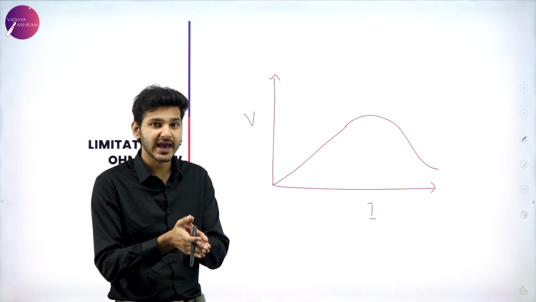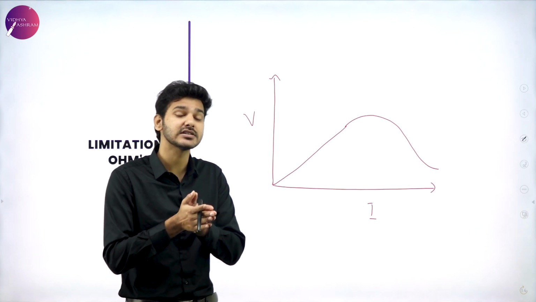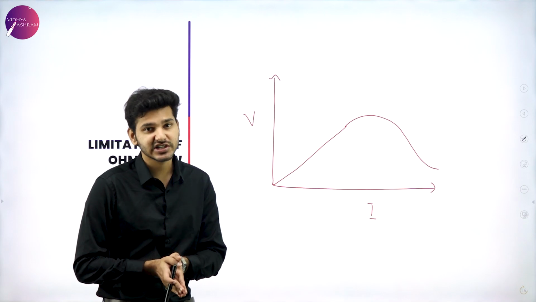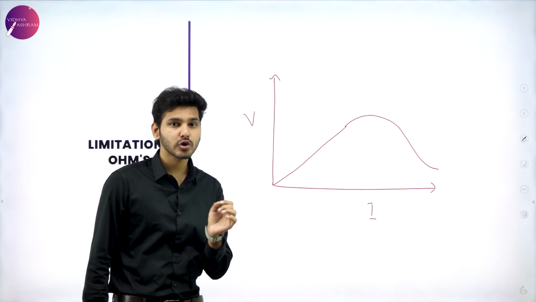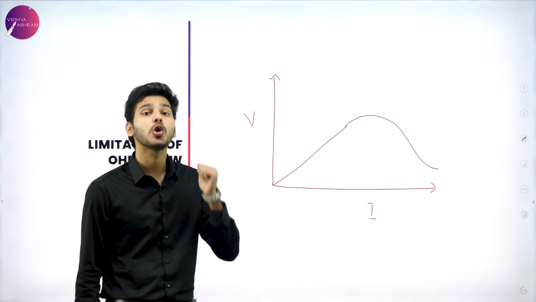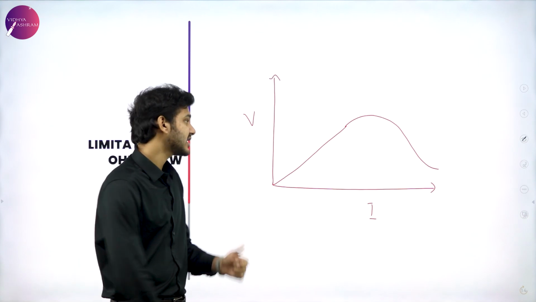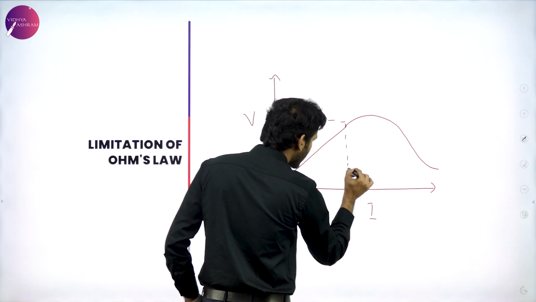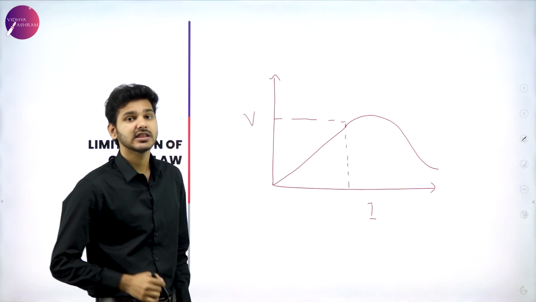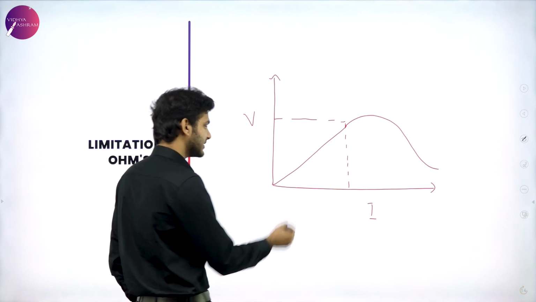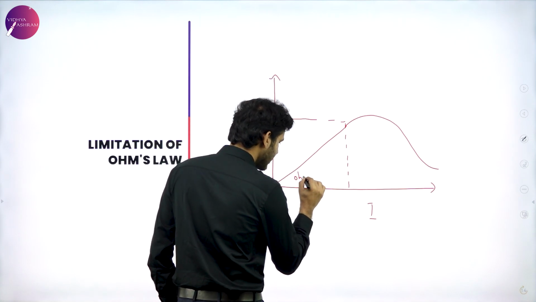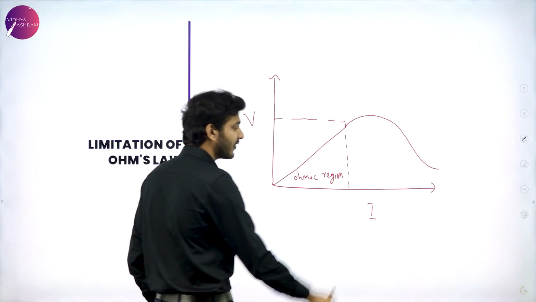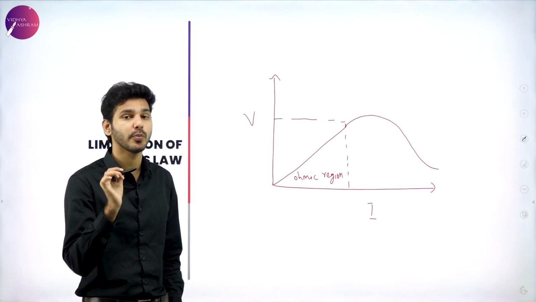It was known that Ohm's law is only true under certain conditions, after which Ohm's law won't be held. The first condition is that Ohm's law is only followed by certain conductors known as ohmic conductors. And this particular region where Ohm's law is being obeyed is known as the ohmic region, where Ohm's law is completely obeyed.